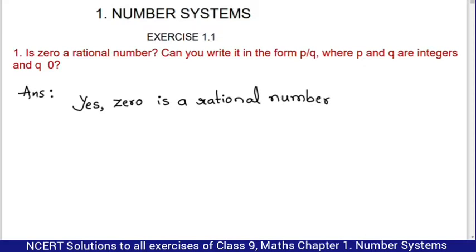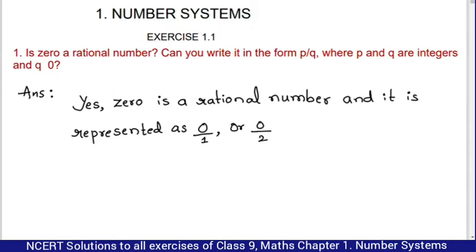And it is represented in the form of P by Q, that is 0 by 1 or 0 by 2 or 0 by 3, etc.